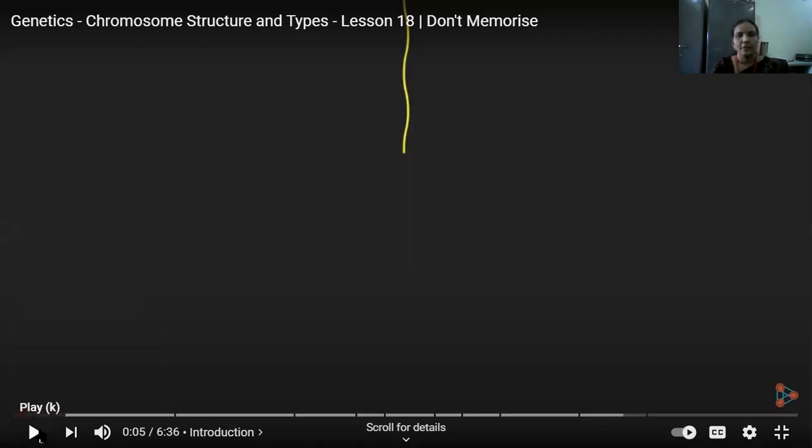So we have seen up till now the structure according to the shape, size and function. We have seen the organized structure of chromosome. Now we are going to see it in the video.